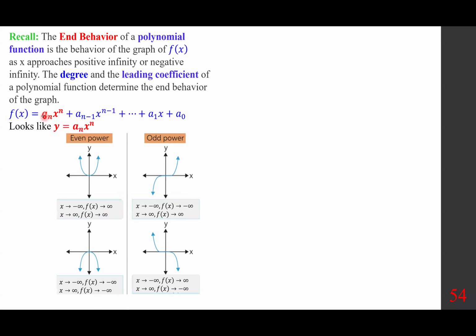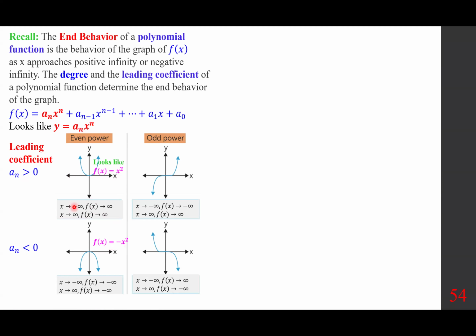So if the leading coefficient a sub n is positive, and if the power n is even, it either looks like y equals x squared or y equals negative x squared. If a sub n is positive, it looks like f of x equals x squared. If it's negative, it looks like f of x equals minus x squared.